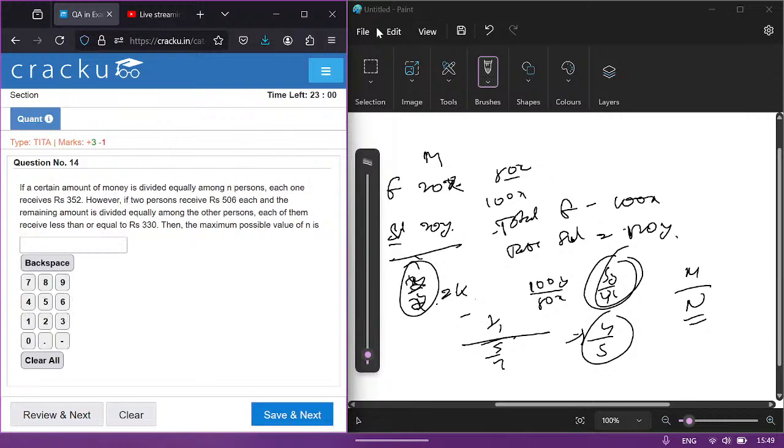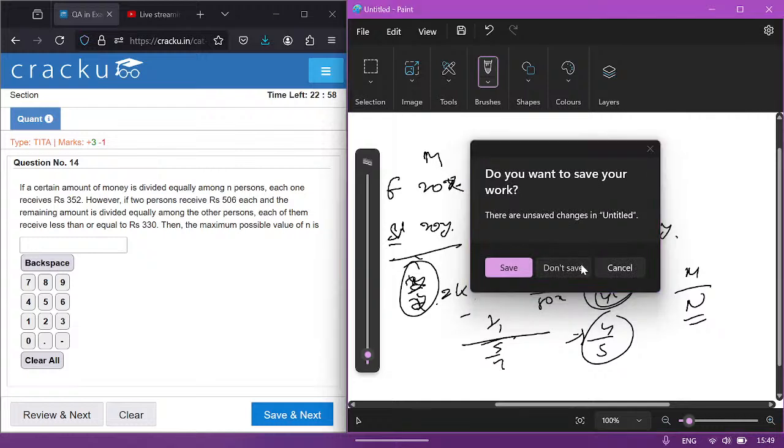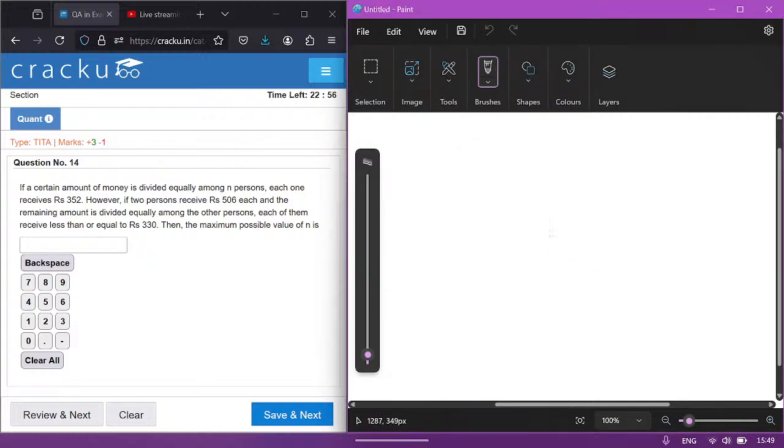If a certain amount is equally divided amongst n people, each of them receives 352, so the total amount is 352n. Okay. Two persons receive, again we have an equation of total, this is 1012 plus less than or equal to 330. Then what is the maximum value of n?